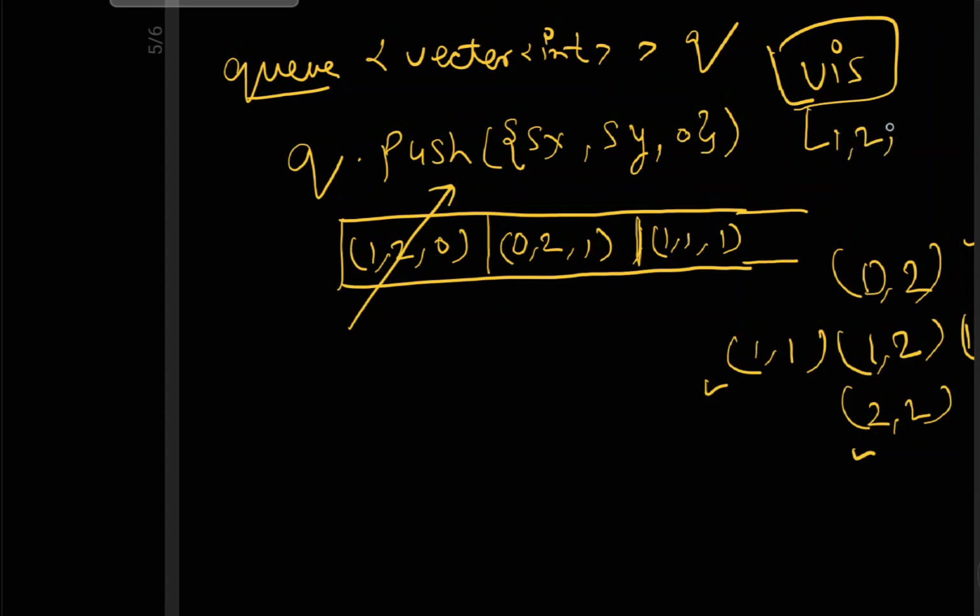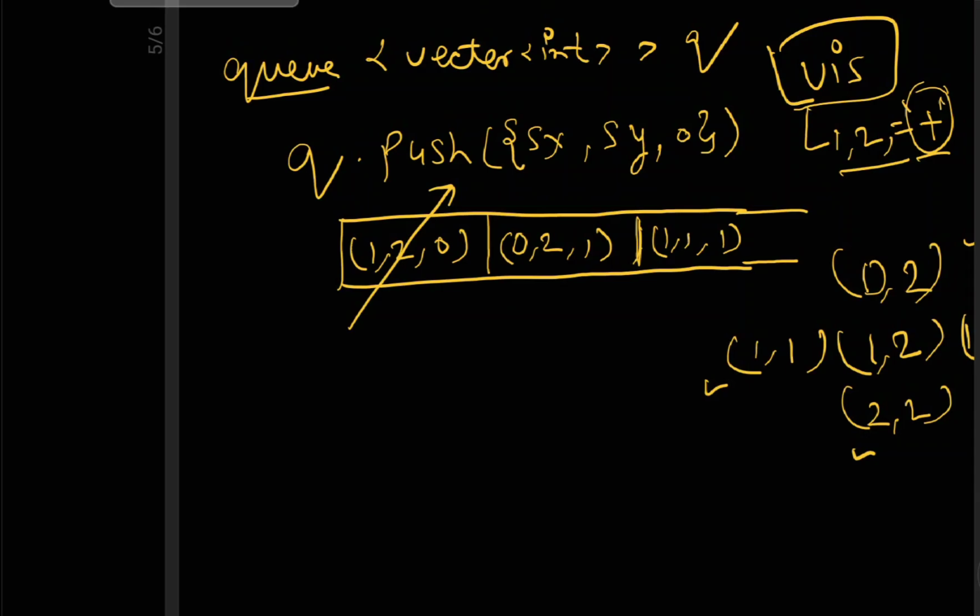I am using the maze itself, so I will mark this as positive so that I cannot move to this point again in future, because if I do, I will get stuck in a loop. I will come again and again to the same point and will not find the answer correctly. So 1, 2 is true now, meaning I cannot come to this position again.